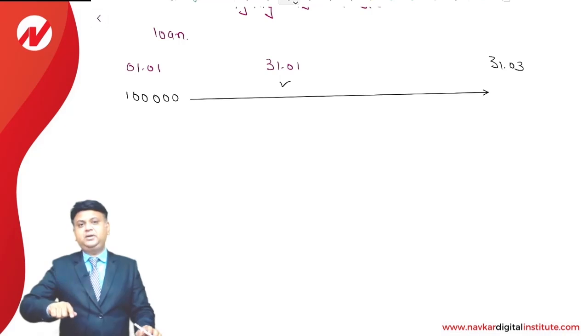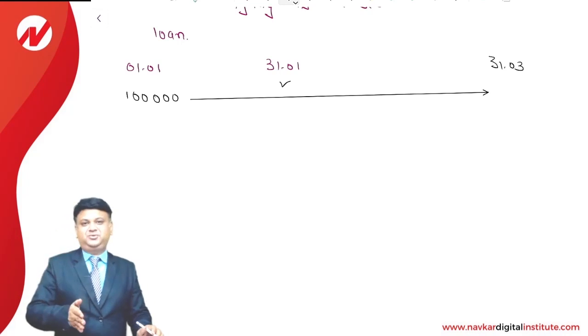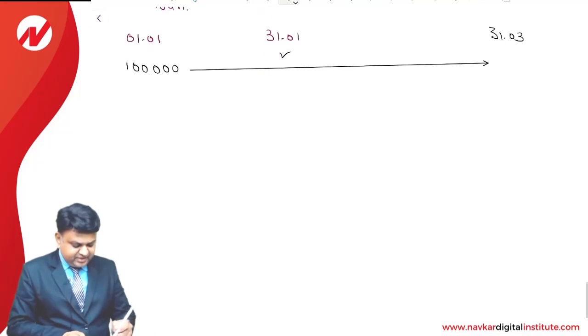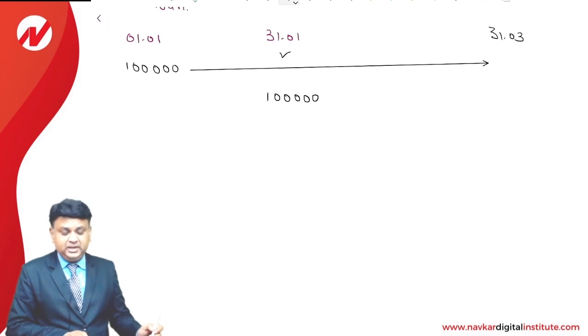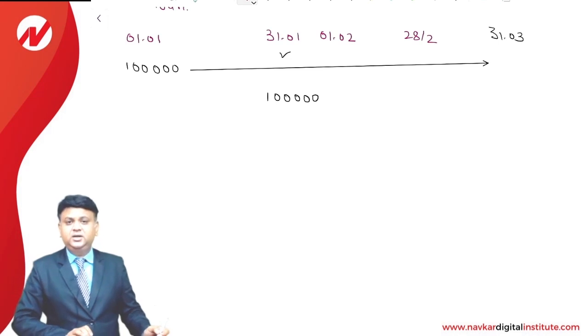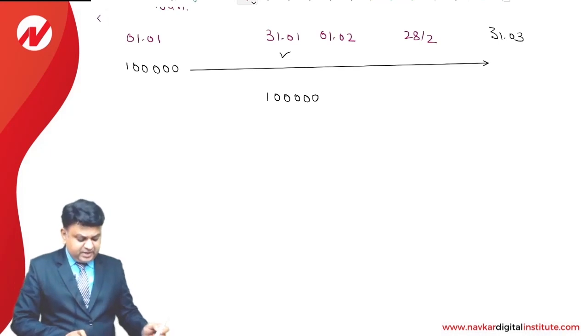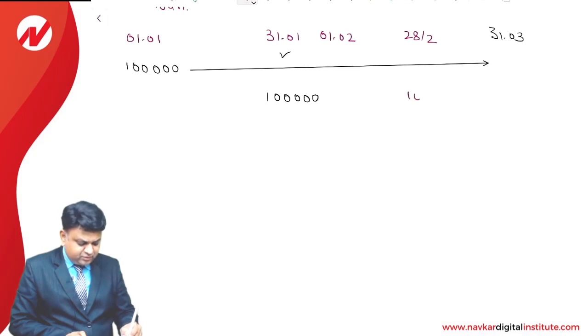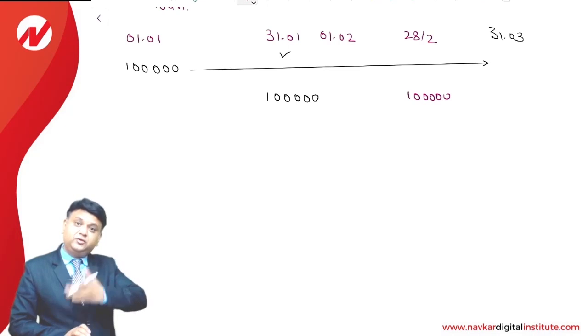Here, what will happen? Now the company will be advised not to take the advantage of the cash discount. So you will be having an amount of rupees 1 lakh here. On 1st of February, once again, you make a purchase for which you are making the payment on 20th of February. Now again, instead of making payment here of 1 lakh rupees, we will advise the company to make the payment in the month of April.